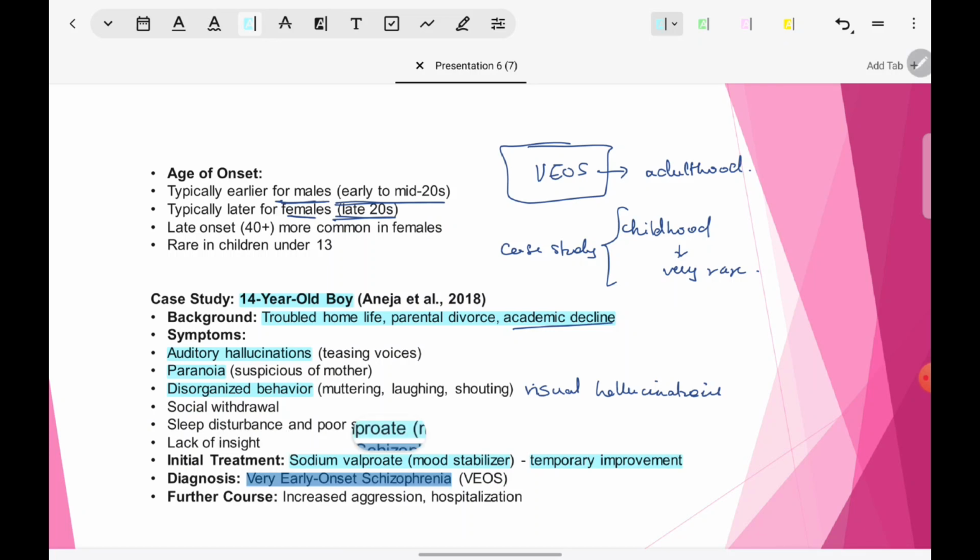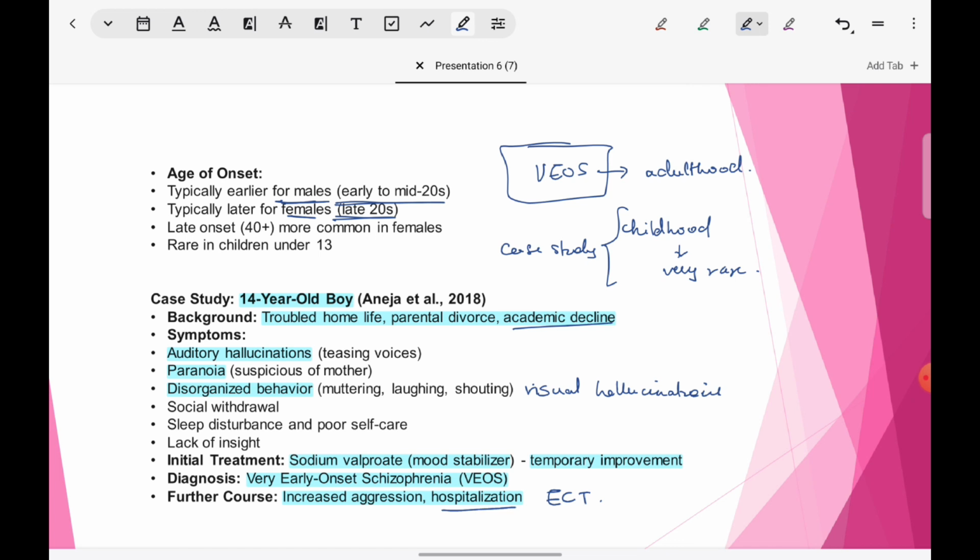Then eventually realizing that the treatment isn't working, they diagnosed him carefully and the doctors realized that actually he has very early onset schizophrenia. And then they improved treatment in a way that they hospitalized the boy and they administered him electroconvulsive therapy, which means shock therapy, which we get to learn about later in this unit.